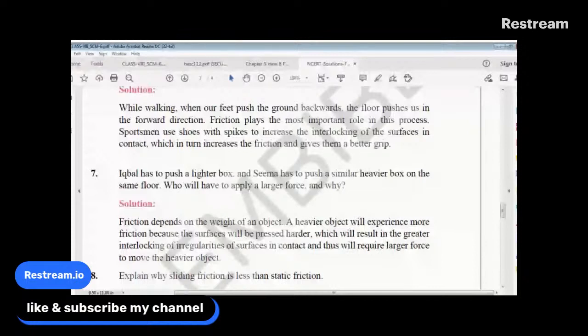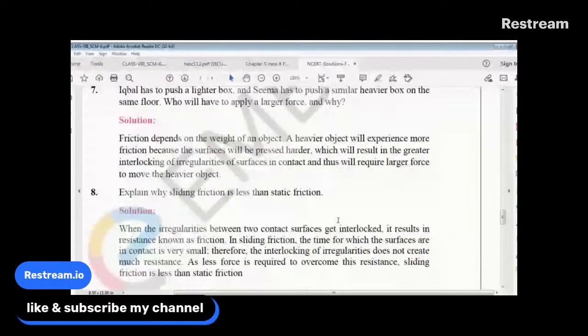In sliding friction, the time for which the surfaces are in contact is very small, and therefore the interlocking of irregularities does not create much resistance. As less force is required to overcome the resistance, sliding friction is less than static friction. So, this is the answer for you all.